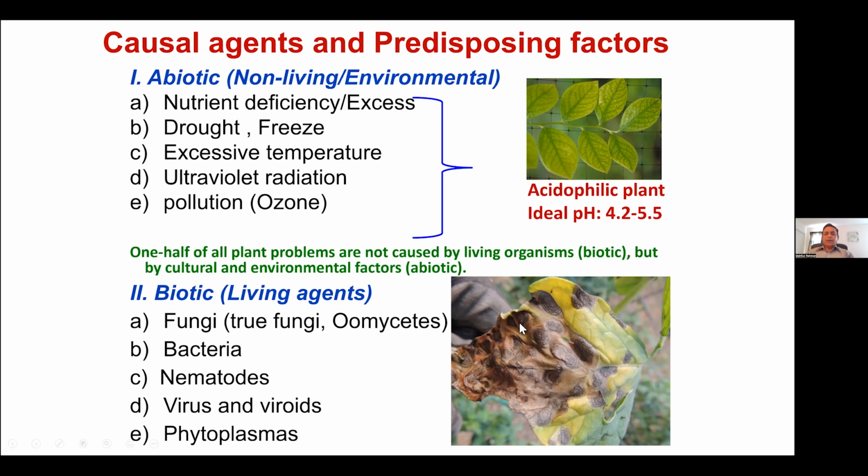So here, if you take a closer look, you can see those concentric rings on these lesions, and those concentric rings are formed by this fungal pathogen, Alternaria solani, and we call the disease early blight. In most cases, this disease can come relatively early in the season of tomato production.